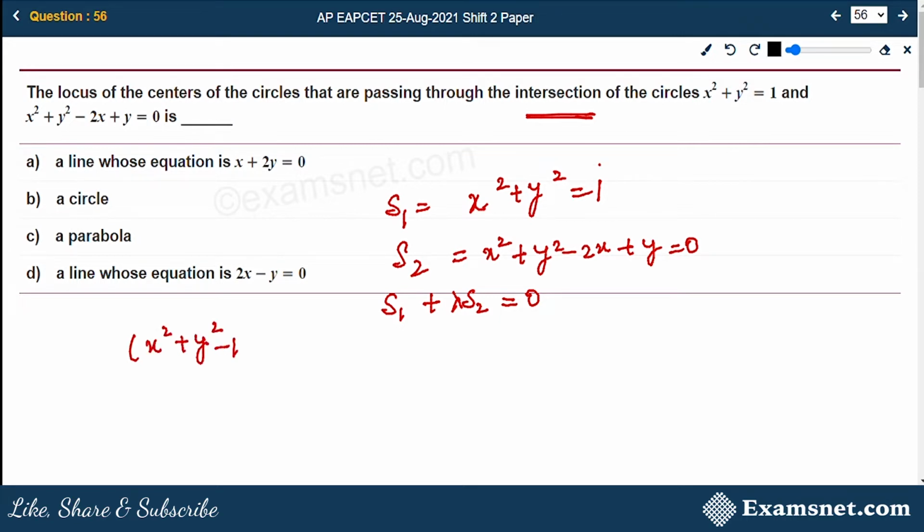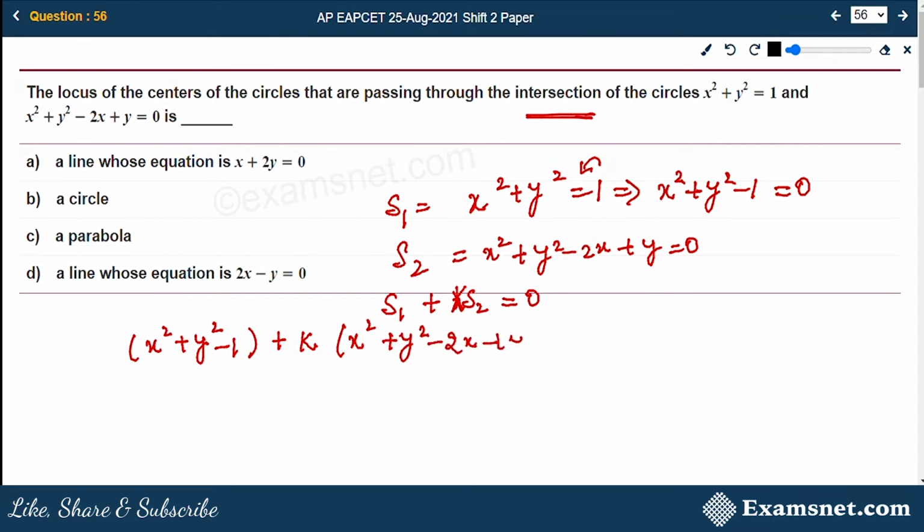The minus will go on this side, so this equation would turn x square plus y square minus 1 is equal to 0, plus k. I am taking k over here. You can take just lambda, or you can take k. It will be just any constant. x square plus y square minus 2x plus y is equal to 0.